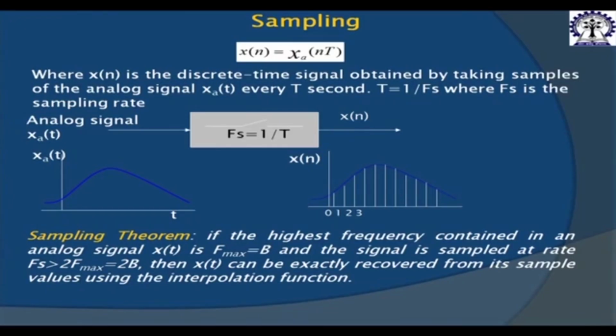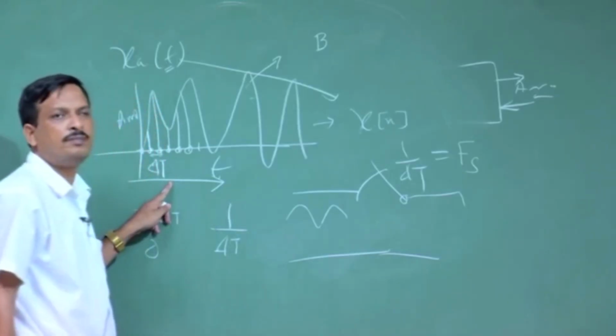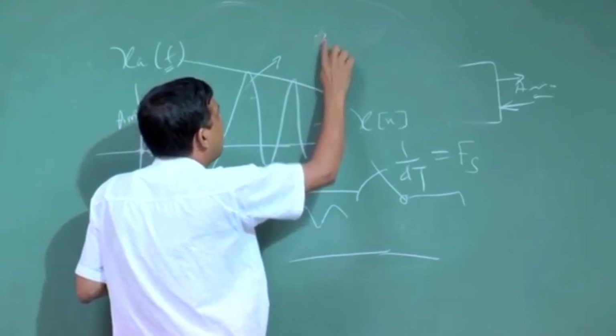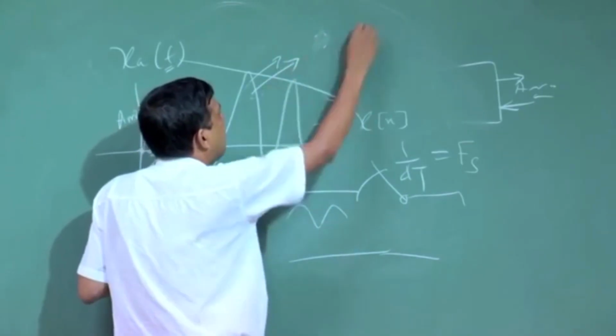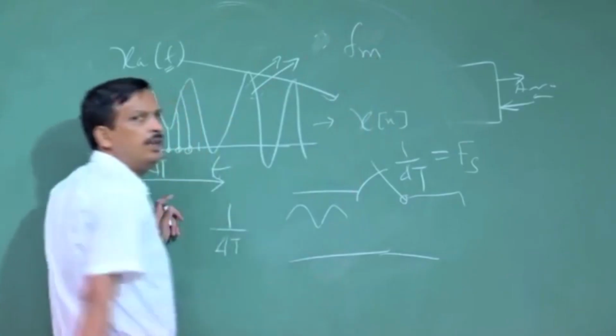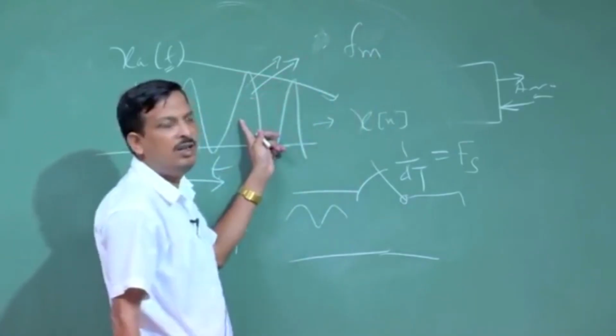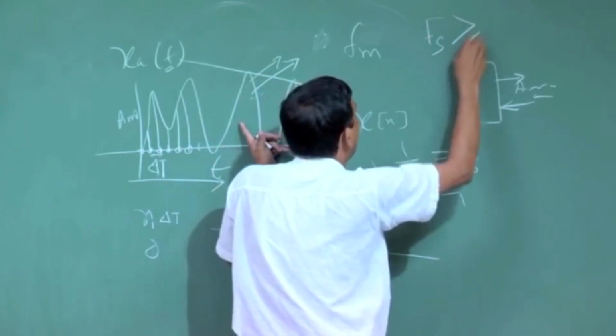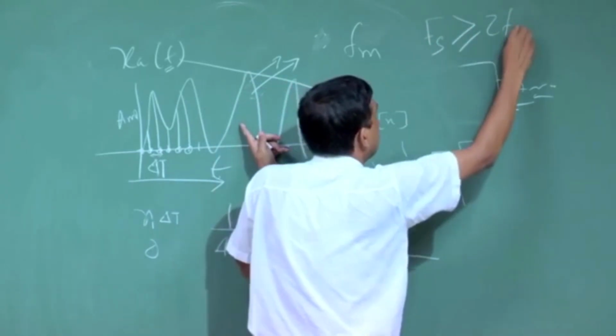If the baseband bandwidth of the signal is B, meaning the highest frequency component is Fm, then if I sample this signal at Fs, it must be greater than or equal to 2 Fm.